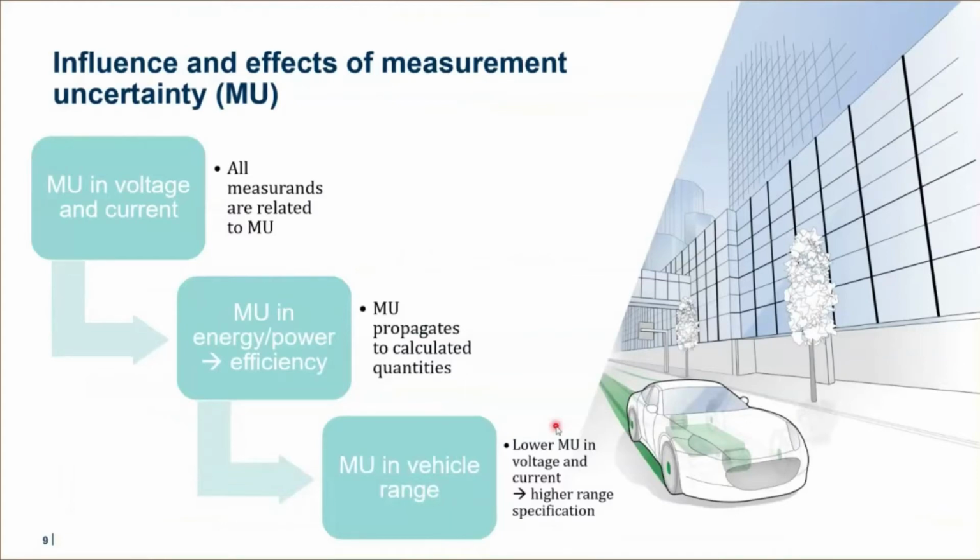Therefore, we start again with the measured quantities. As we just heard, all measured quantities contain a certain amount of measurement uncertainty. That's related to the fact that measurement processes are influenced by environmental effects and conditions, and the environmental conditions can often not be controlled, or not controlled with infinite accuracy.